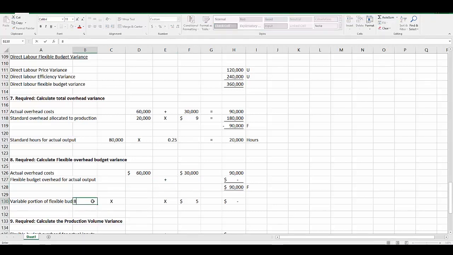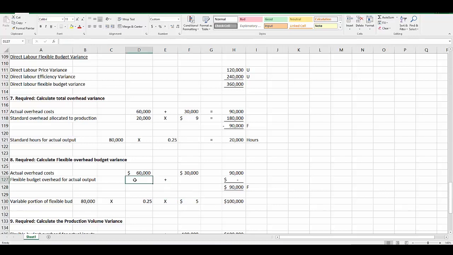So we have our 80,000 units, and we were supposed to have spent a quarter of an hour per unit, and from our previous calculations the variable portion of our overhead was $5. So we should have spent $100,000 on our variable overhead.